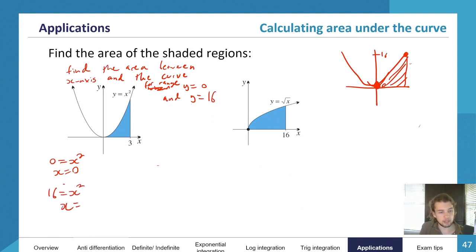That means x is equal to plus or minus the square root of 16, which is equal to plus or minus 4. So there's two values. Now, I probably should have said more explicitly, we're looking for the positive range.